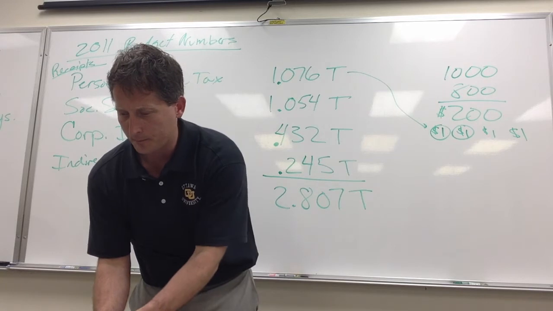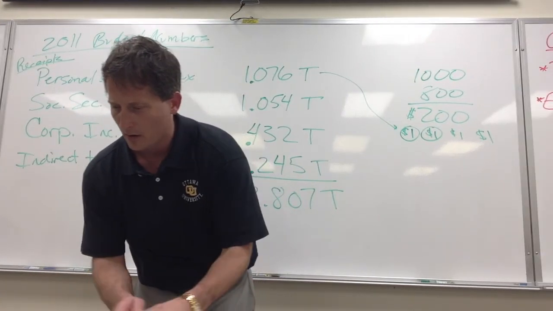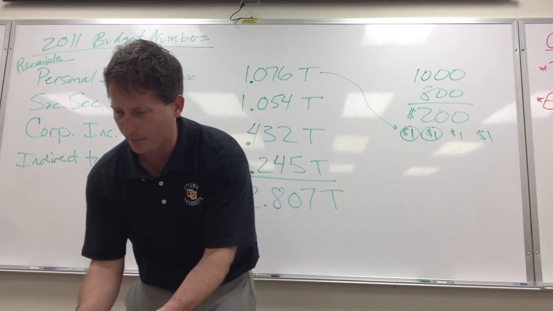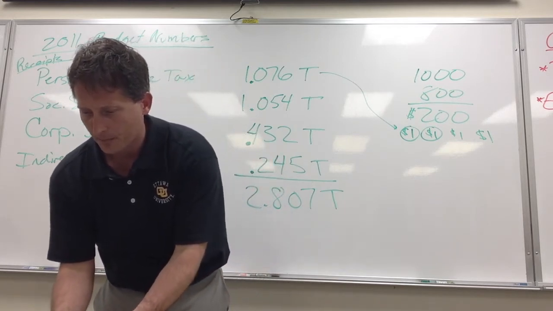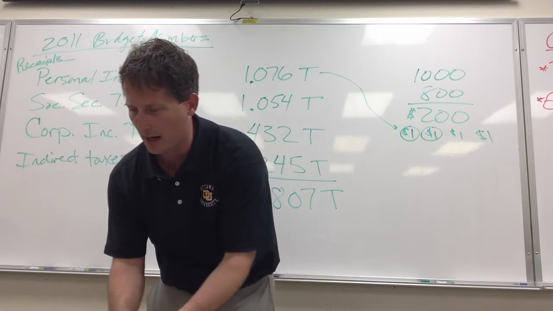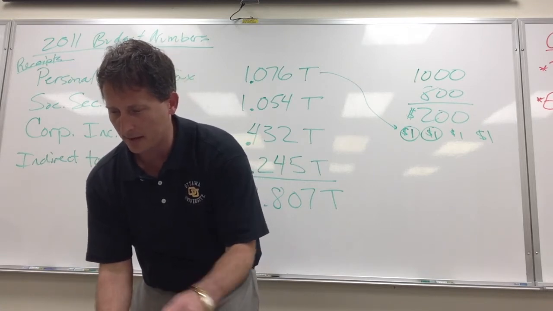Okay, I think since we're talking about debt and deficit a little bit, I think we'll jump to something that's a little towards the end of the chapter on debts and deficit.